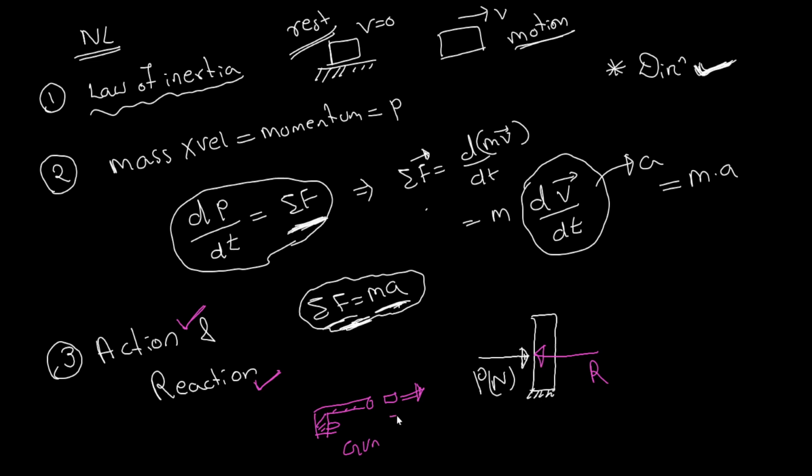The force will be in this direction, so the gun and the bullet move in the forward direction, but you will experience a backward force. That's called the reaction force. This is the action force by the gun, and the bullet gives you a reaction force. So whenever you fire a gun, you will experience a backward force. That's all about action and reaction.